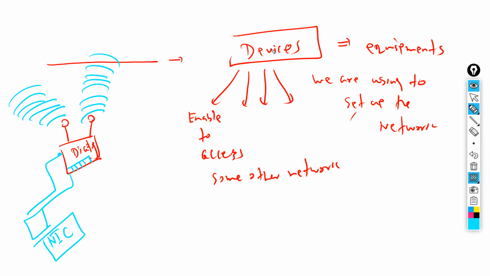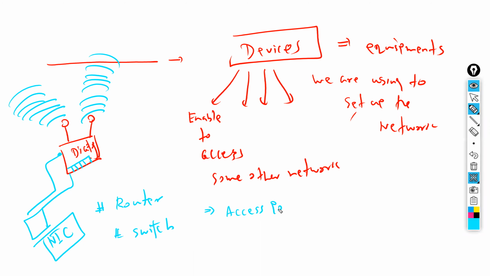Am I clear to you? For example, the router is a networking device. A switch is a networking device. And we can say the access point.